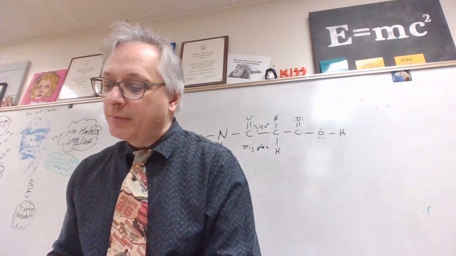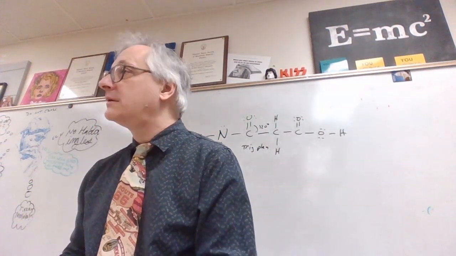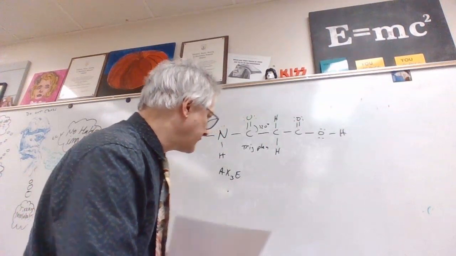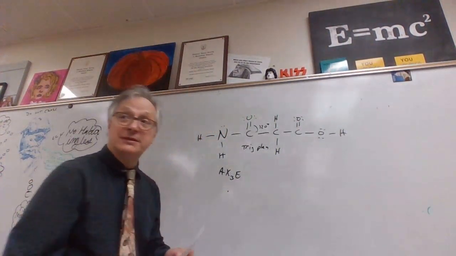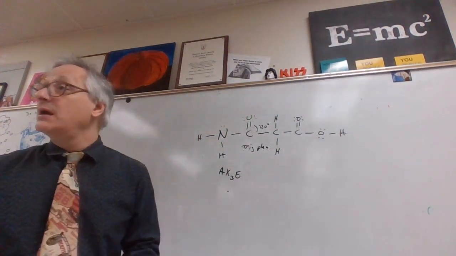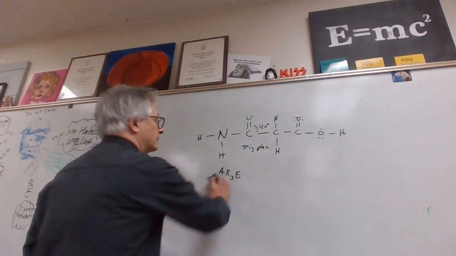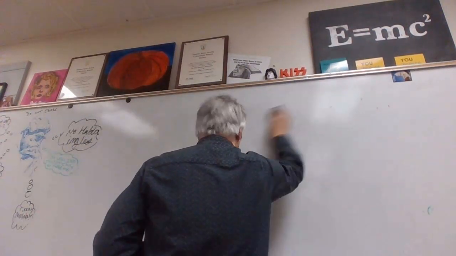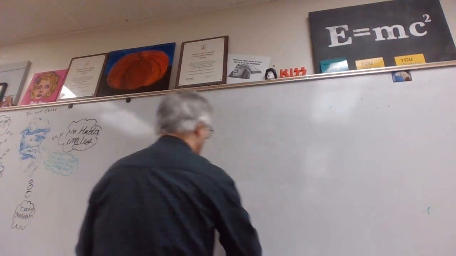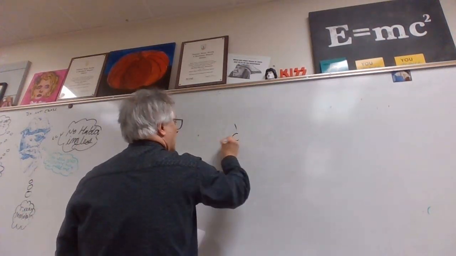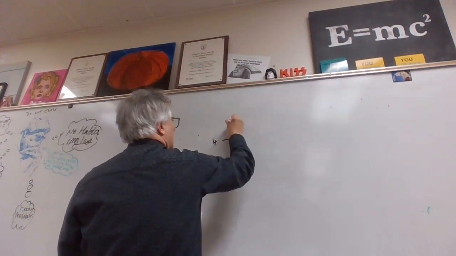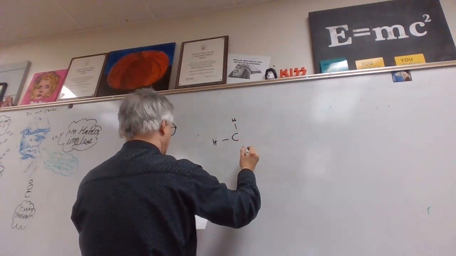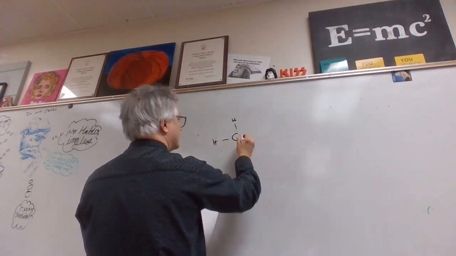Let's just skip to number 48 and take a look at that. This is a good example of a problem. And I promise you there's going to be something like this, identifying sigma bonds and pi bonds. Drawing this, it's some sort of a carboxylic acid.